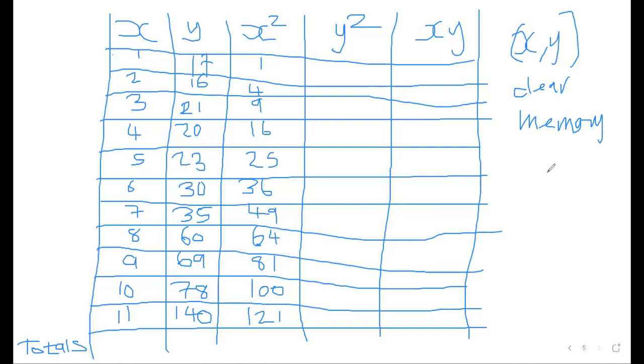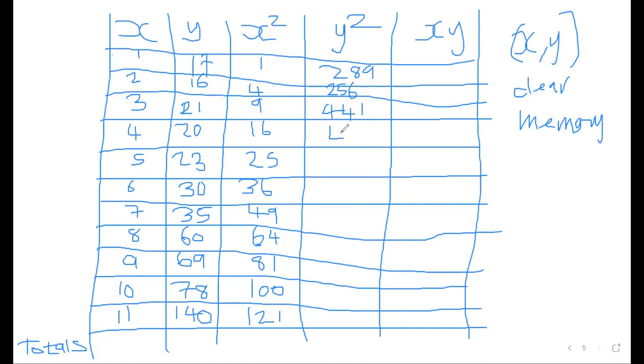So the Y square: 17 square is giving us what? 289. Then 16 square is 256. Then 21 square, 441.